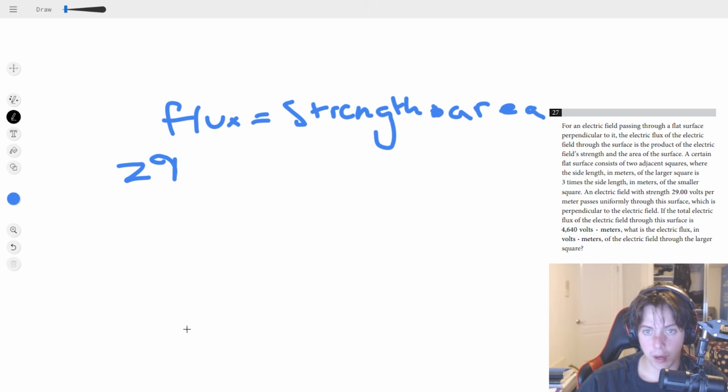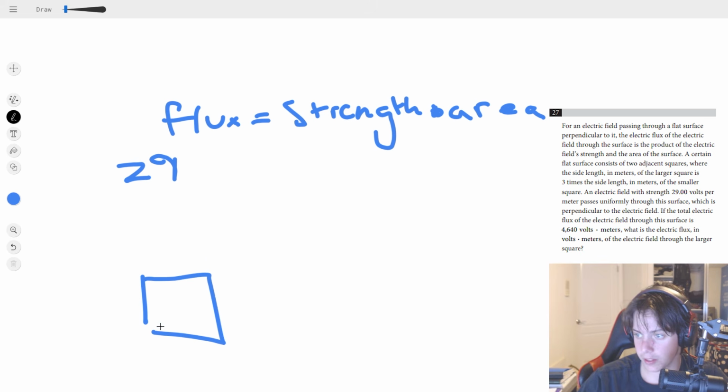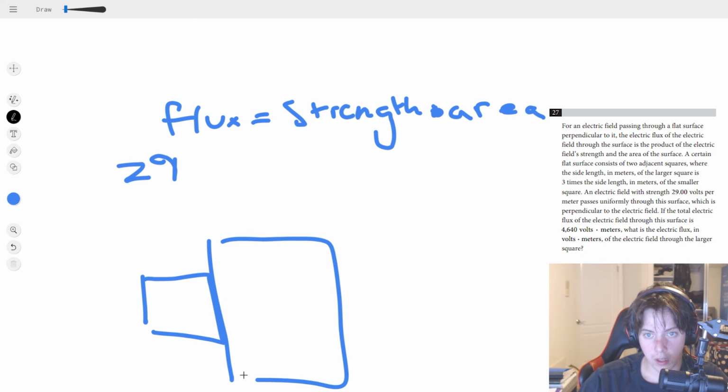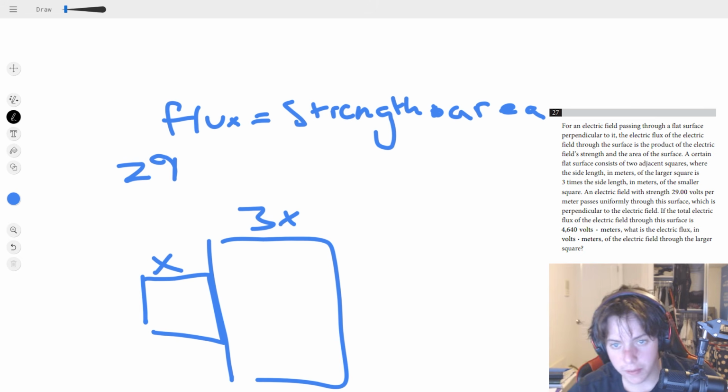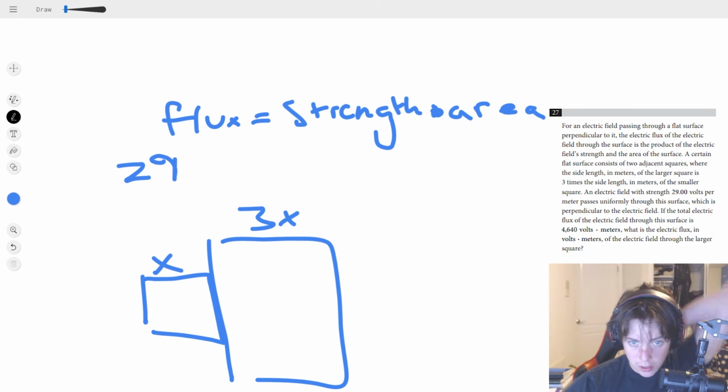Okay, and we know the side length, a certain flat surface consists of two adjacent squares, right? And we know that the side length in meters of the larger square is 3x, and this would be x. Okay, so we know that the flux is 4640. Oh no, sorry. The total electric flux of the electric field through the larger square.